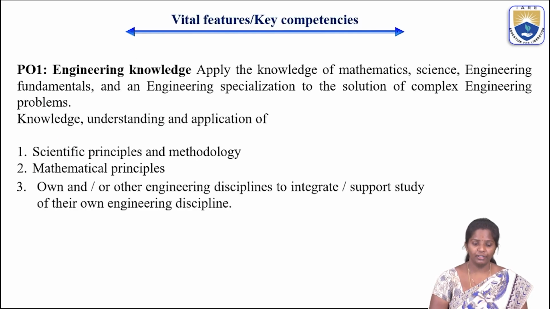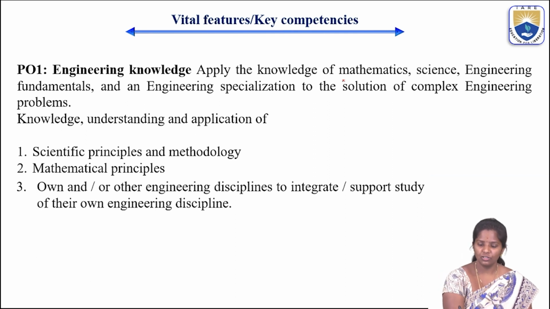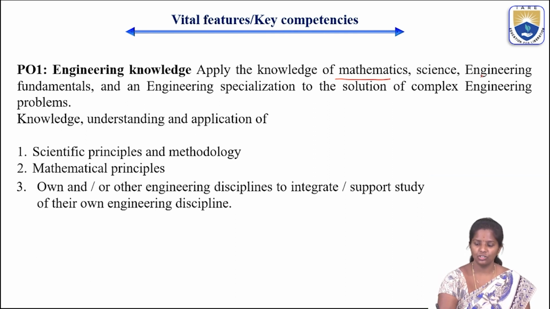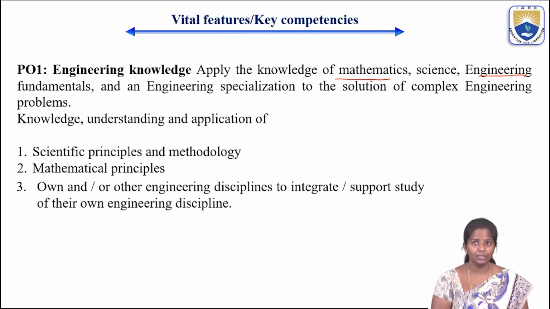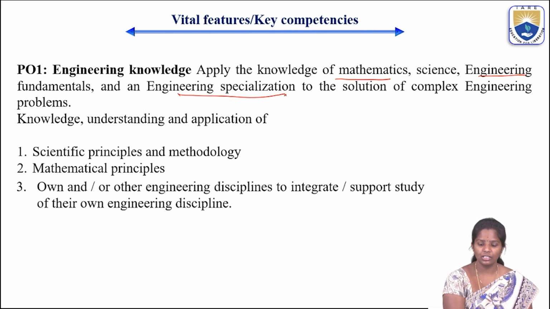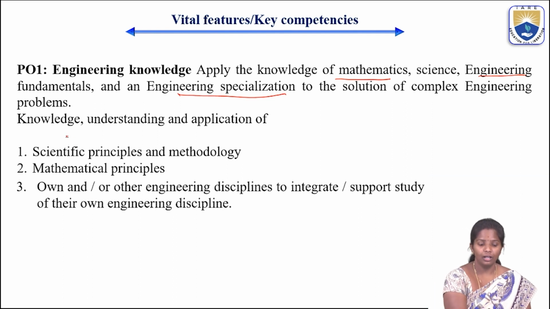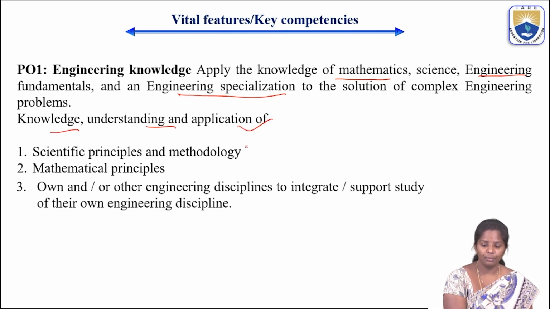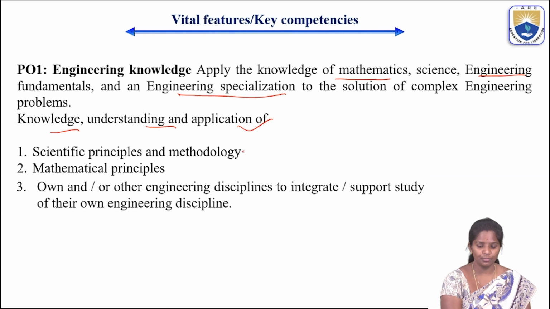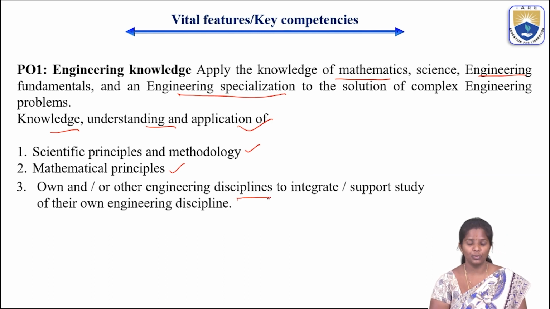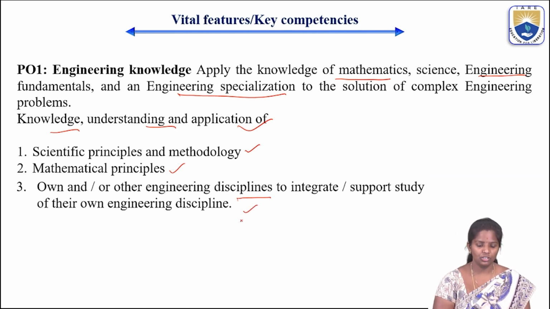So PO1, if we go into detail, applies the knowledge of mathematics, science, engineering fundamentals and engineering specialization to the solution of complex engineering problems. Then knowledge, understanding and application of scientific principles and methodology, mathematical principles, own or other engineering discipline to integrate and support study of their own engineering discipline.